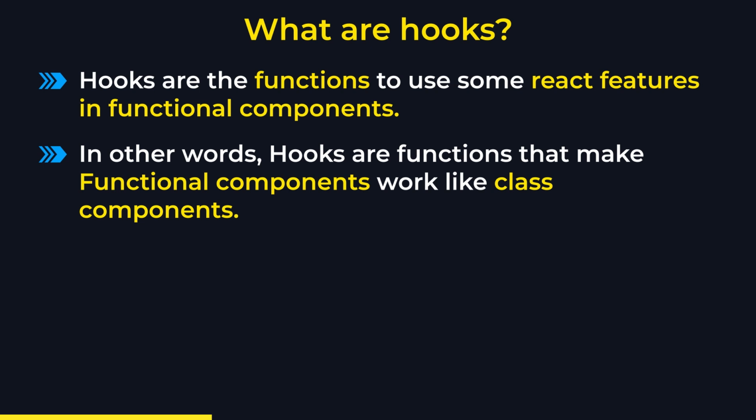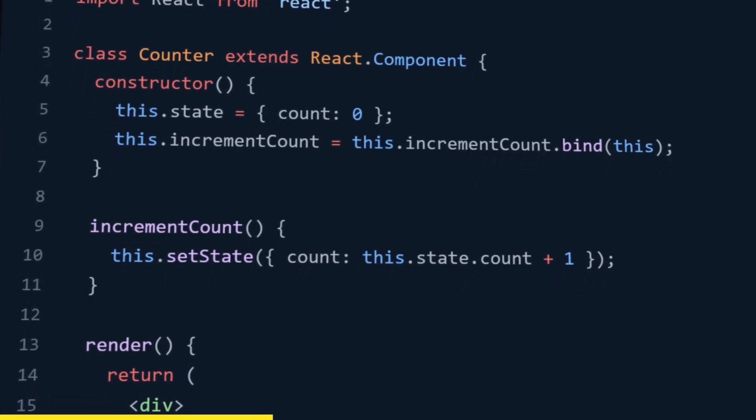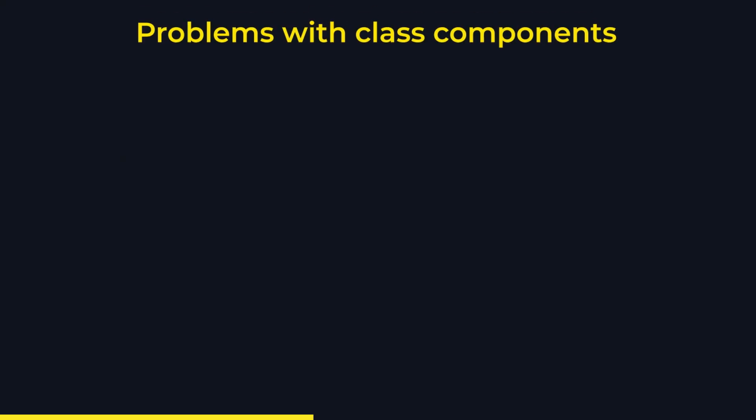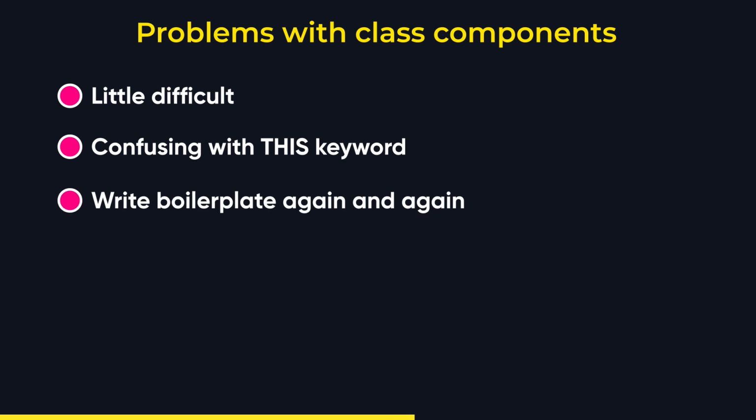Before React launched hooks, there was only one way to use state and lifecycle methods, which was by using class components. Now developers had some problems with class components, such as classes being a bit difficult, especially for those who just started with React, confusion with the this keyword, and having to write all the boilerplate again and again when we create a new component.